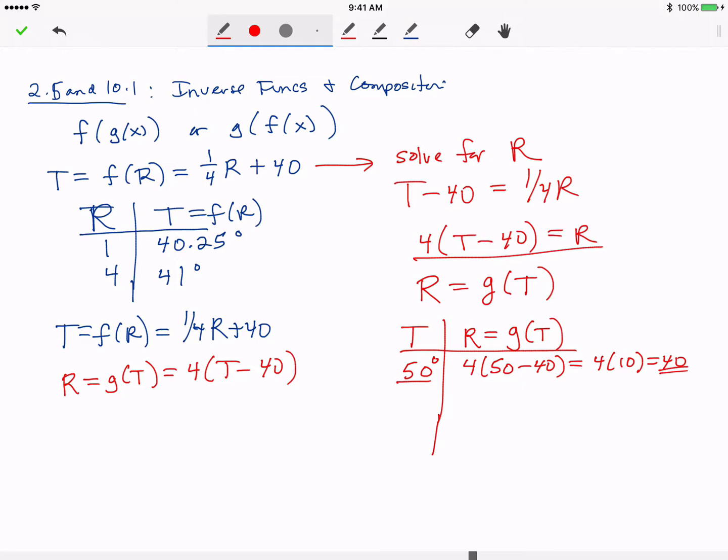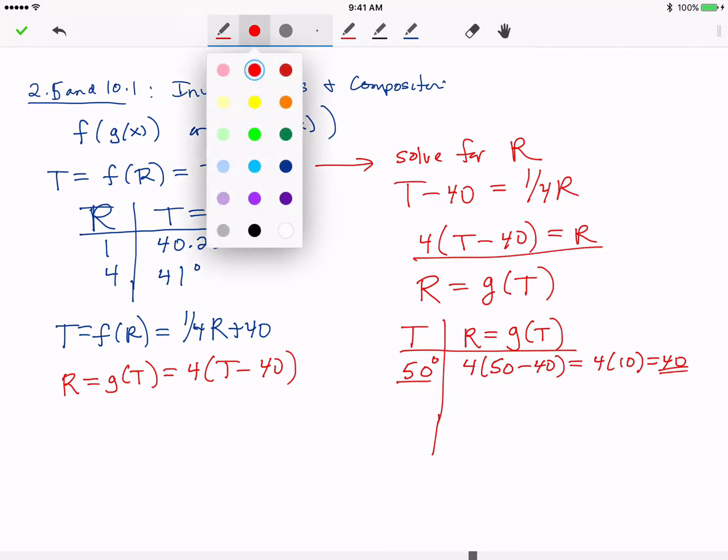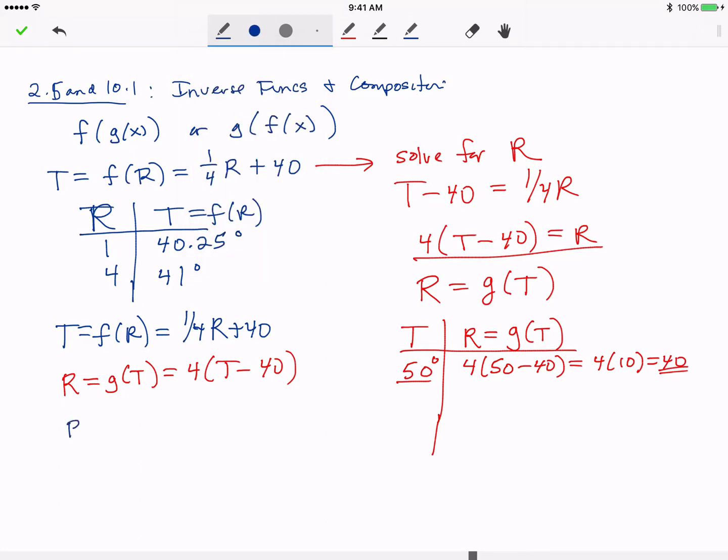So let's look at a couple of tables of values here. Okay. If we choose a chirp rate and use the temperature function f of r, then at a chirp rate of, say, 4, we decided that the temperature was 41 degrees.